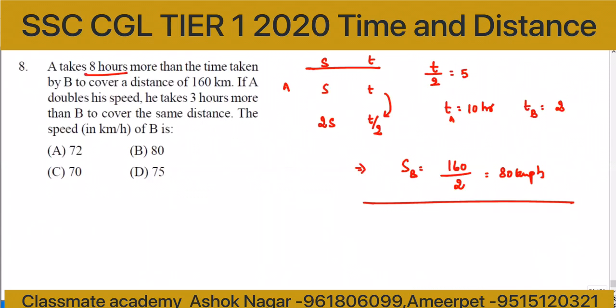So if 50% of time is 5 hours, A usually takes 10 hours. If A usually takes 10 hours, B takes 2 hours only. So if B takes 2 hours to cross this 160, obviously what is the speed of B? Speed of B is 80. Very important model. Copy that.